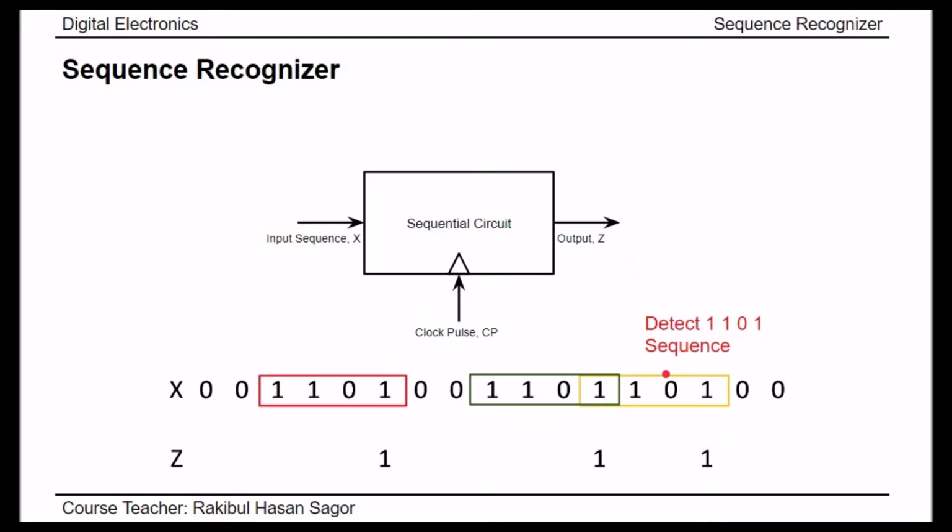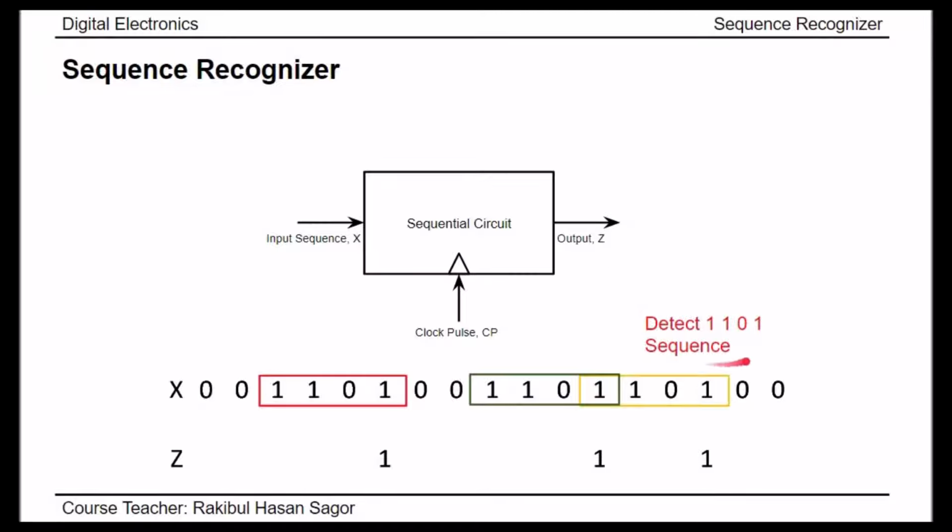Now we need to design this circuit for any input sequence. Whenever we have 1101, at the final one, the Z output should be 1. For all other input sequence cases, the value of Z should be 0. So this is the operation of a sequence recognizer or sequence detector that will detect a particular sequence. We'll solve this problem.